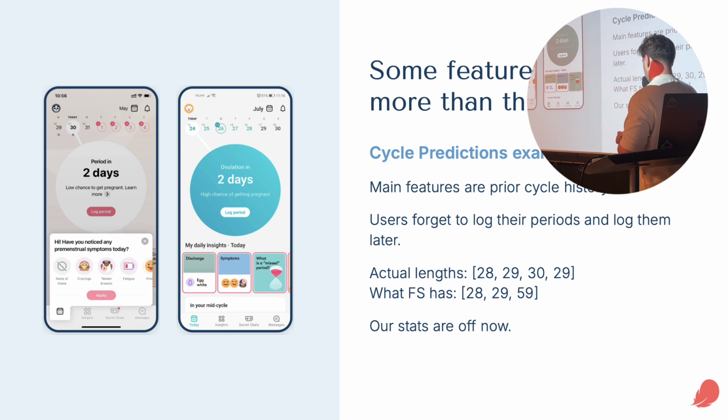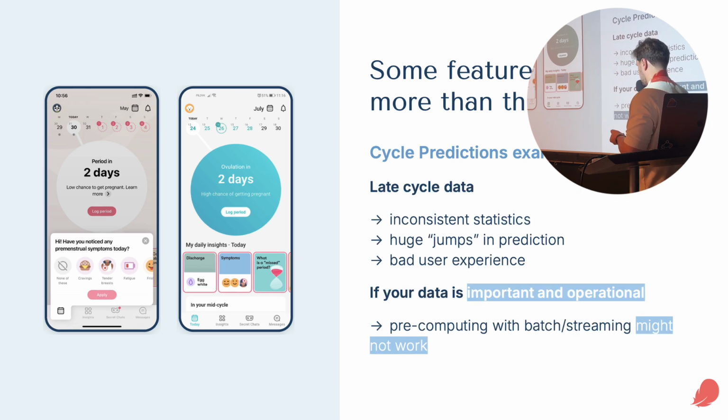And in this case, this inconsistency in the data will lead to jumps in the predictions. For instance, if you had skipped a few periods, and we see cycle lengths of 28, 28, and 90, the model will be confused and will try to do something with this, depending on the algorithm and how you clean the data.